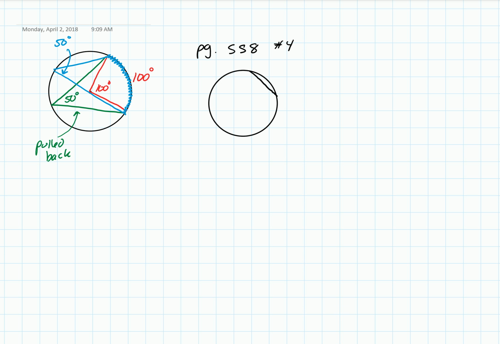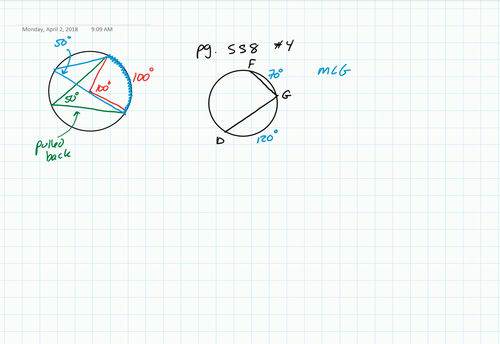So it looks something like this here. So here's F, G, and D. It tells us that this arc here is 70 degrees and that the other one is 120 degrees. And so our job here is to solve for angle G is what they're looking for.